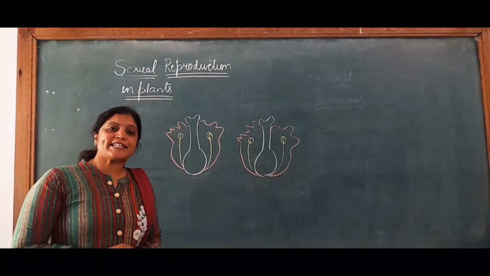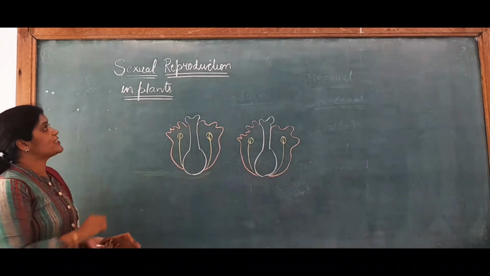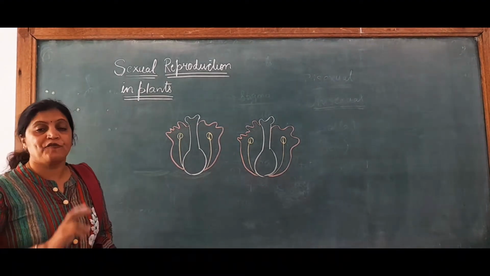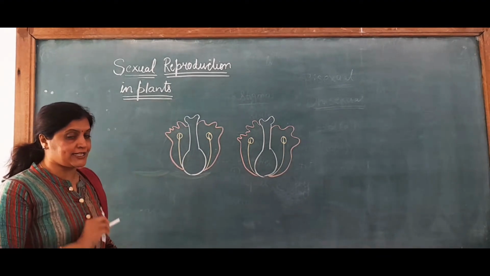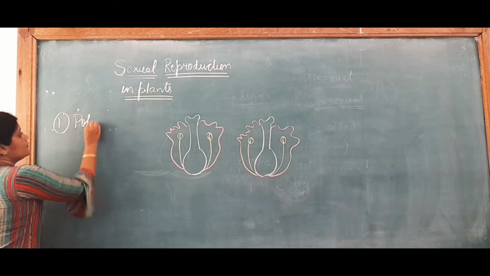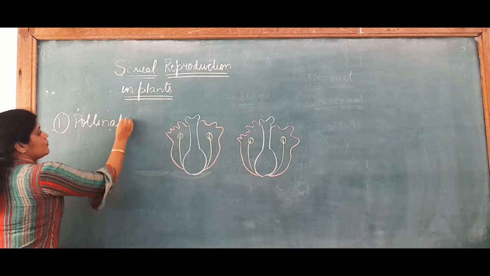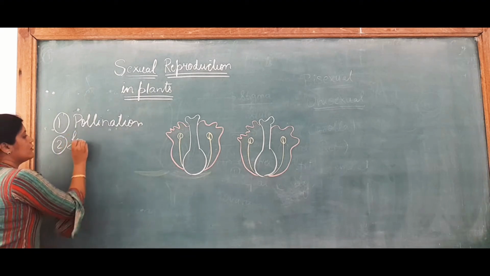Okay, after discussing the structure of flower, we will discuss sexual reproduction in plants, which involves three steps. First is pollination. Second is fertilization.